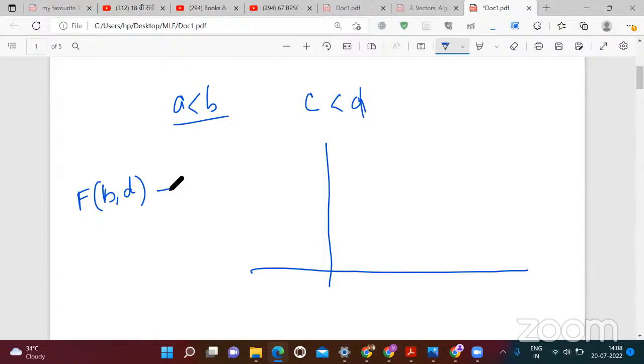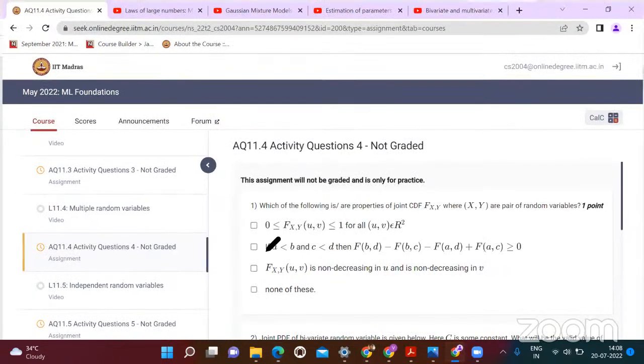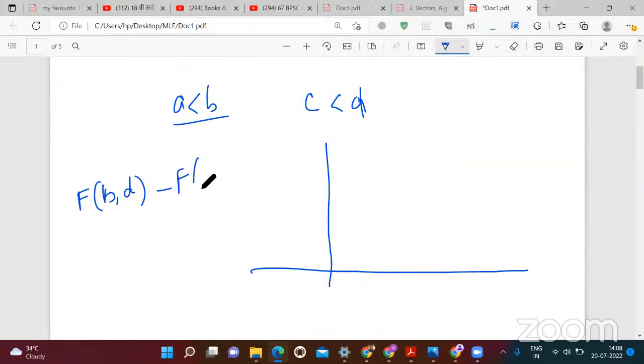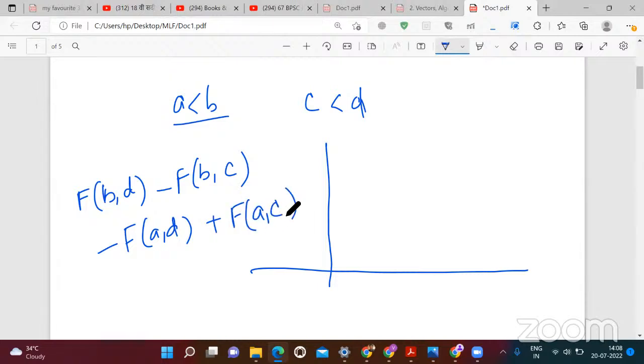F of B comma D minus F of B comma C minus F of A comma D plus F of A comma C is greater than or equal to 0.